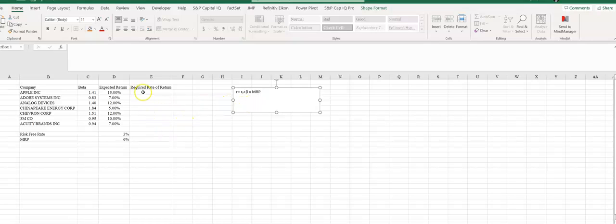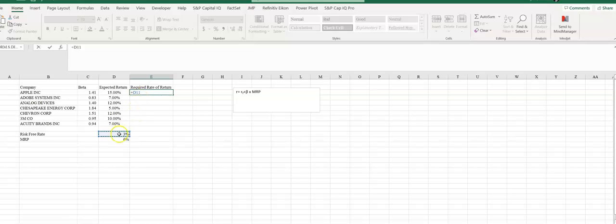So let's take a look at first the required rate of return for each of these assets, and then we are going to make a decision. To calculate the required rate of returns, what we need is the risk-free rate of return. Since the risk-free rate of return is going to be the same for all of these assets, we could do one of two things.